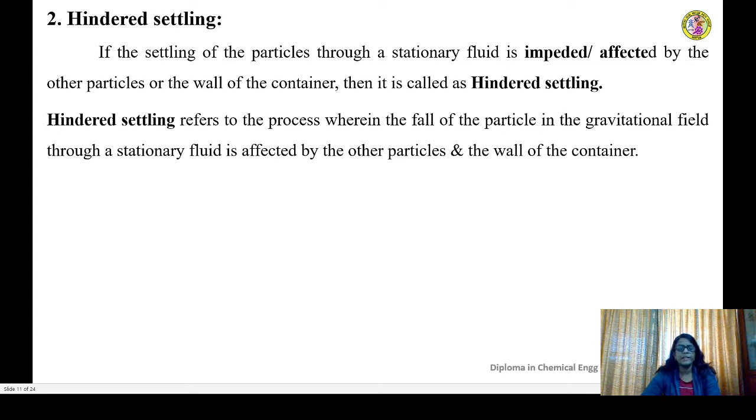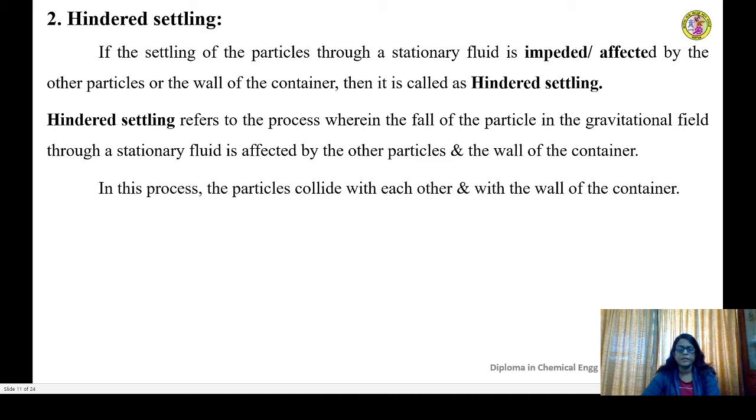So we can define it as that settling process where the settling of the particle under the influence of gravity in a stationary fluid is affected by the other particles and also by the wall of the container. As I said earlier, there is a collision taking place between the individual particles and also between the particles and the wall of the container.